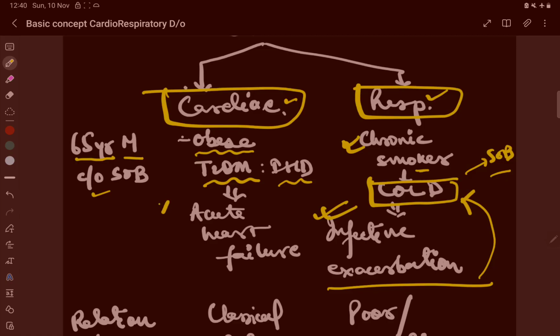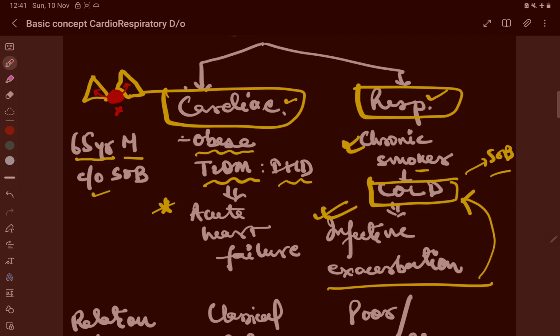So there may be a cause of acute heart failure, and because of the acute heart failure, what happens? Suppose these are the lungs, and this is your heart. If there is acute heart failure, the heart is not pumping, so what will happen? It will send back the blood to the lungs.